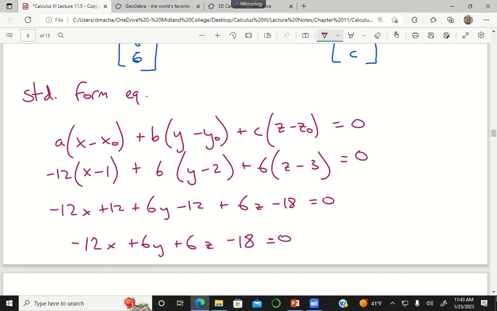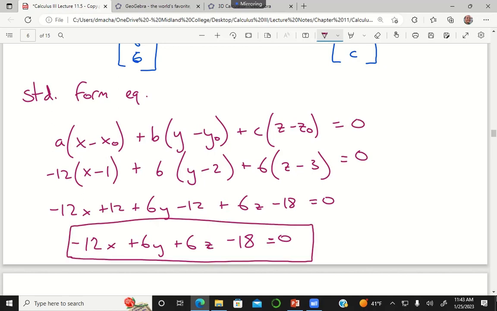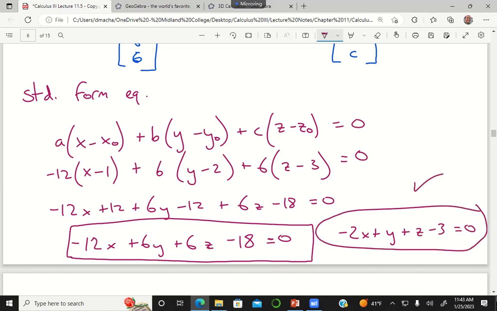And many of you may notice, since the right side of this equation is 0, I could just divide through everything by 6. And I could have written negative 2x plus y plus z minus 3 equals 0. But either way, I would give you full credit. But I just want you to know, you might see the simplified version on like a multiple choice exam, if that ever happens.